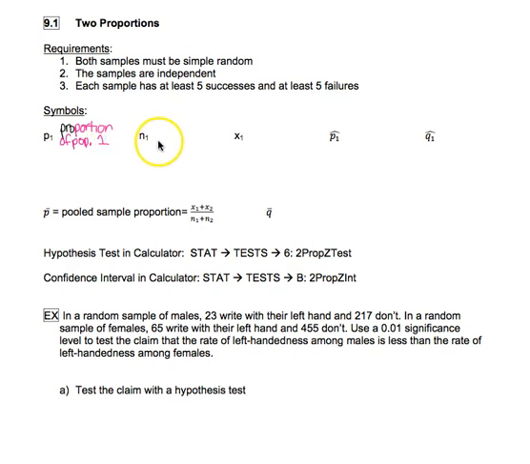N sub 1 is the sample size of sample 1, which of course should come from population 1. X sub 1 is the number of successes in sample 1.